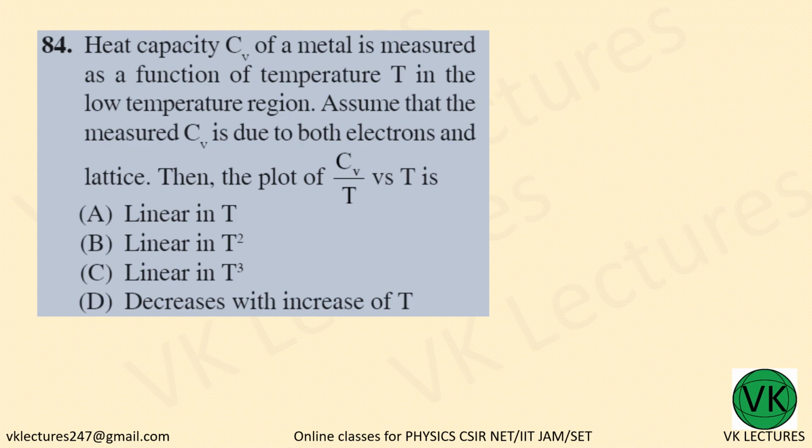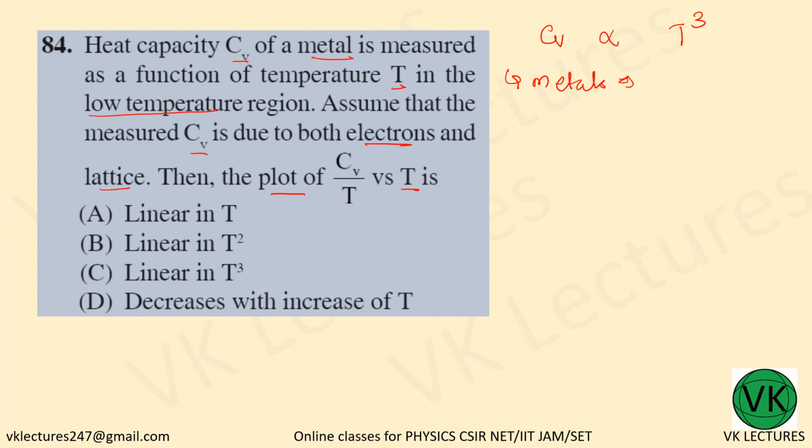Heat capacity Cv of a metal is measured as a function of temperature in the low temperature region. Assume that measured Cv is due to both electrons and lattice. Then the plot of Cv by T versus T. So you have Cv proportional to T cube for the lattice.